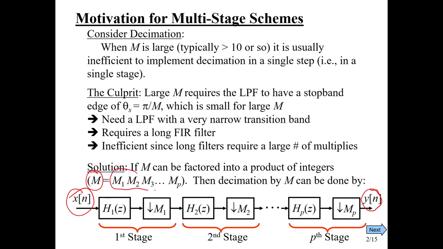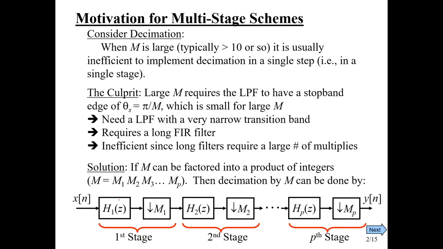Since we can factor M into P integers, we can now do a rate change for each one of those integers. So at this point here, we've brought the rate down by a factor of M1, and then here we've brought that down further. So at this point, we've brought it down by a factor of M1 times M2, all the way out to the end. We see that now we've accomplished our goal.